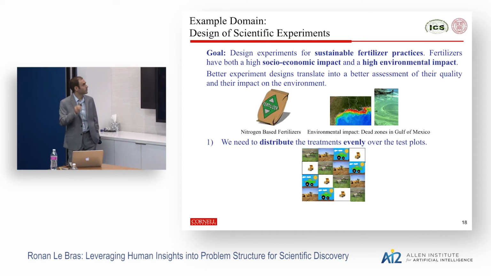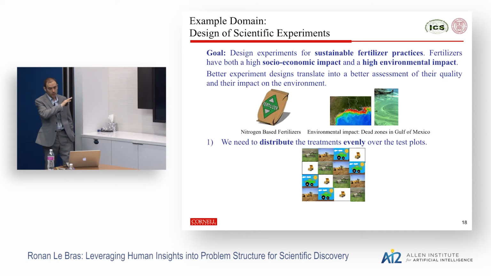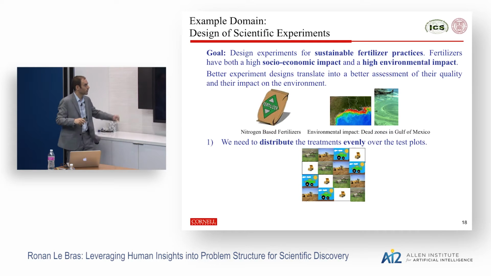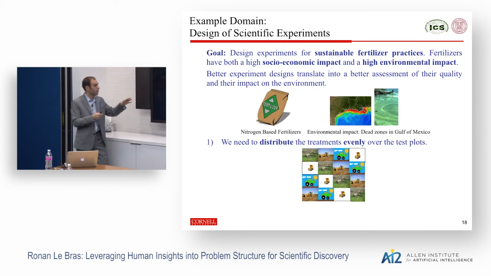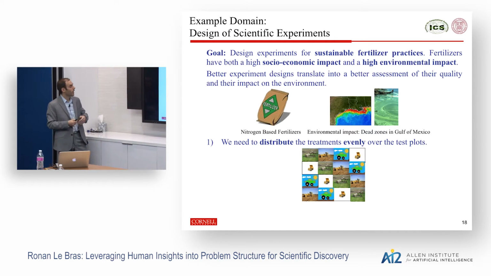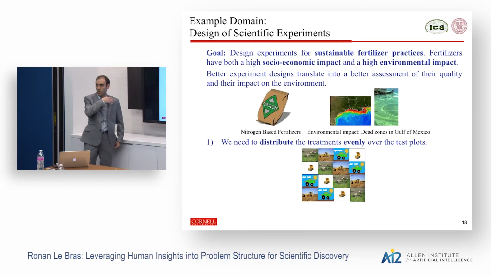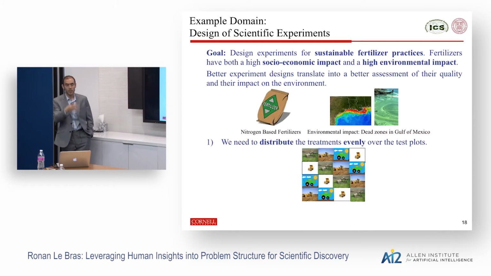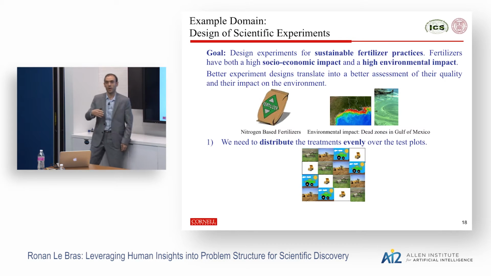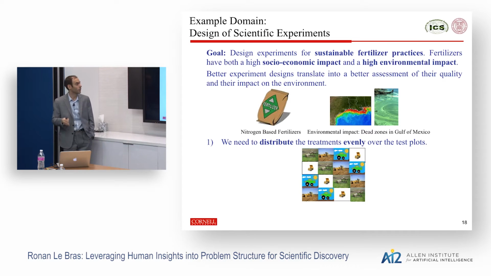To test these treatments, they typically distribute the treatments evenly over the test plot. Here you have 4 different treatments, and in the first replication, you try all the different treatments you have. In the second replication, the second row, you try them all again, but in a different order, so that you don't try the same treatment twice on the same plot.